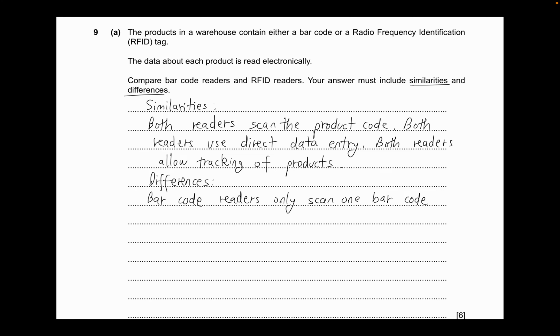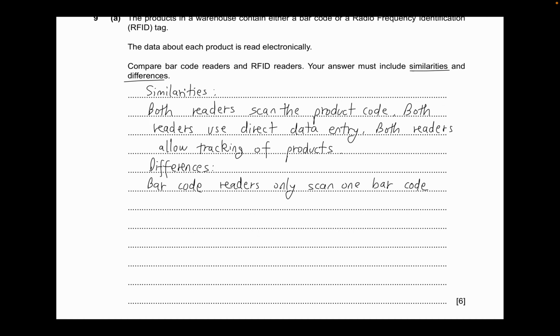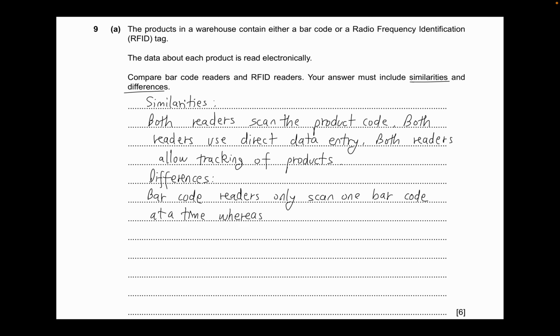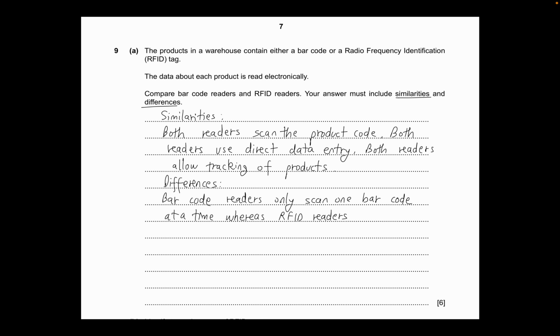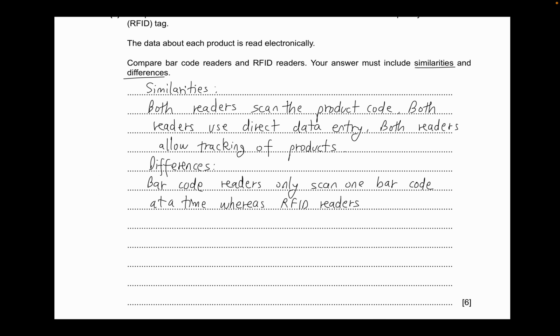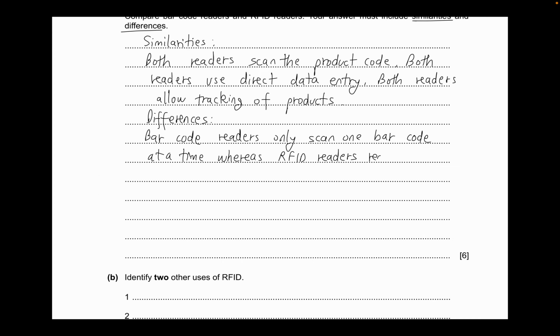Barcode readers only scan one barcode at a time, whereas radio frequency identification readers read multiple tags at the same time.